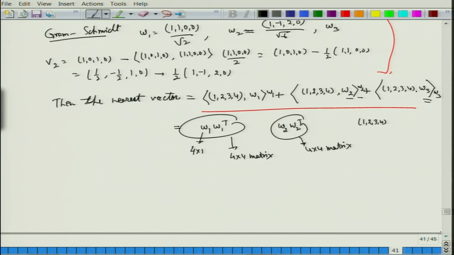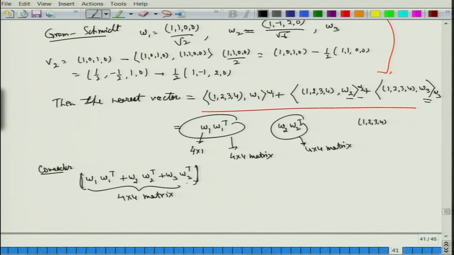Therefore, consider W1 W1 transpose plus W2 W2 transpose plus W3 W3 transpose. It is a 4 cross 4 matrix. Fine. Now, I just write it like this, and let us multiply this with 1, 2, 3, 4.